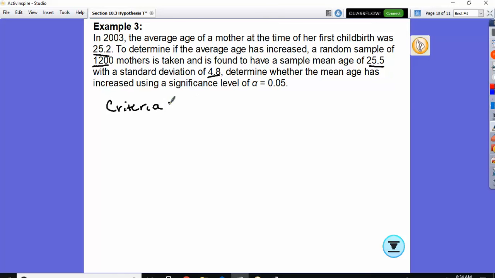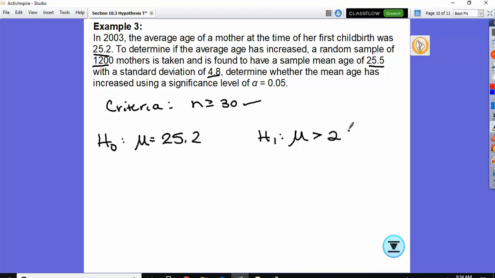Yes. My n is most definitely larger than 30, so we're good. What is my null hypothesis? Mu equals 25.2. And my alternative? Greater, because I'm checking to see if it has increased, so that's greater than.